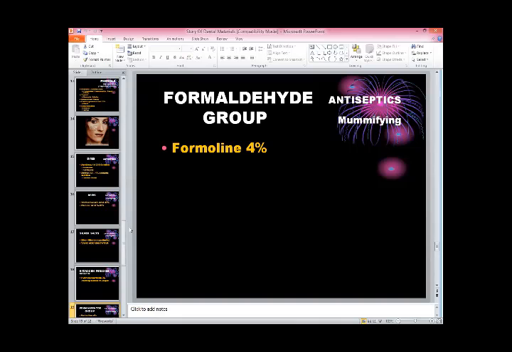There is one problem: its vapors are very annoying and its smell is too strong. It is a very strong antiseptic, killing all types of bacteria and viruses, but its use is restricted because it has a very pungent smell and is very annoying for us when we are using it in surgeries. But it is a very strong mummifying agent.